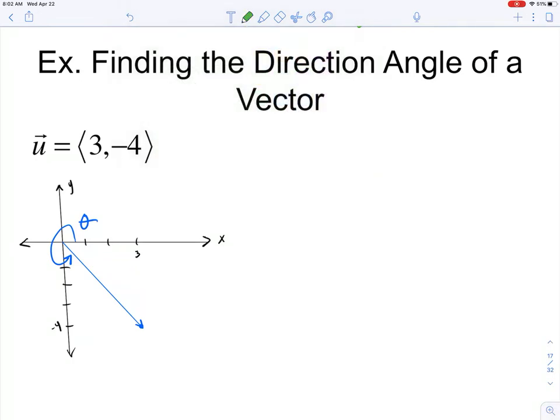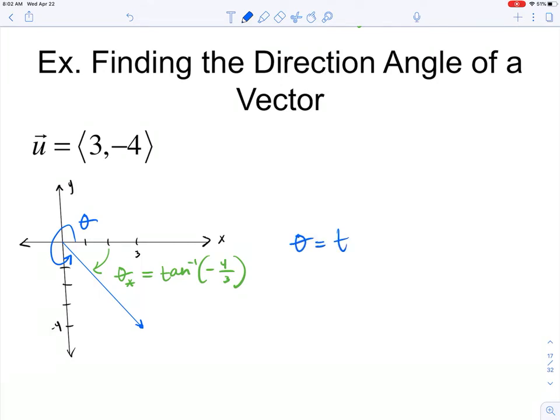So I want to find the direction angle theta. Since the vector terminates in quadrant 4, I know that the inverse tan of -4/3 is actually going to represent this negative angle. I'll call that theta star, which would be inverse tan of -4/3.